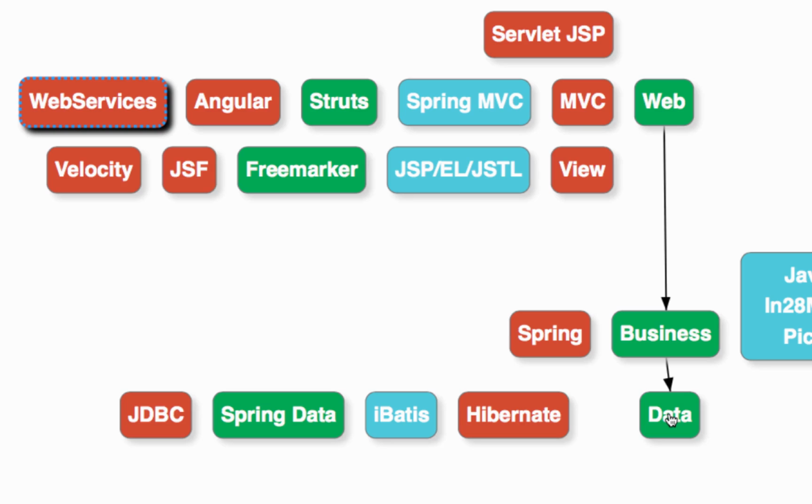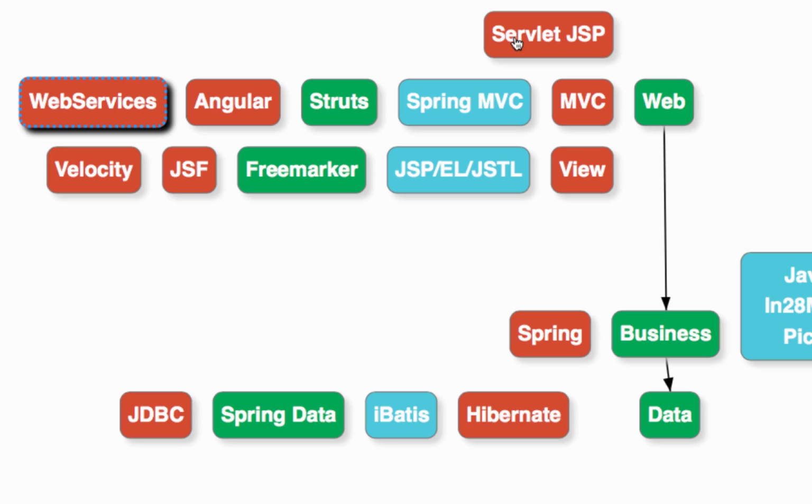So the data layer talks to the database, gets the information and gives it to the business layer. The business layer does some business logic over it and gives it to the web layer. The web layer would then give it to the view to show it on the screen. That's how any Java EE application would typically work. Any real world Java web application would work.